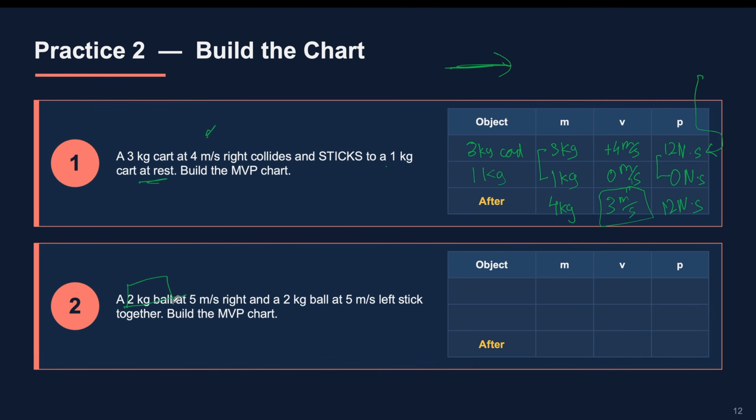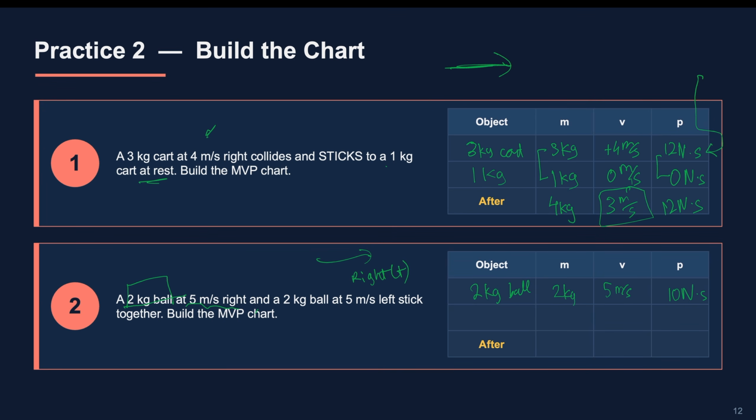So a 2 kg ball here is going at 5 meters per second to the right. So 2 kg, 5 meters per second to the right. I'll deem rightward the positive direction. And its momentum should be 10 Newton seconds. Kg times meters per second, Newton seconds.